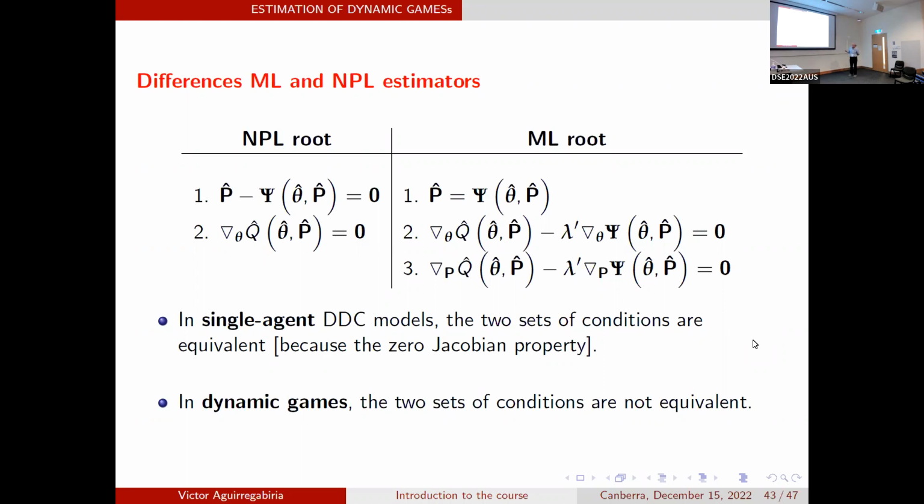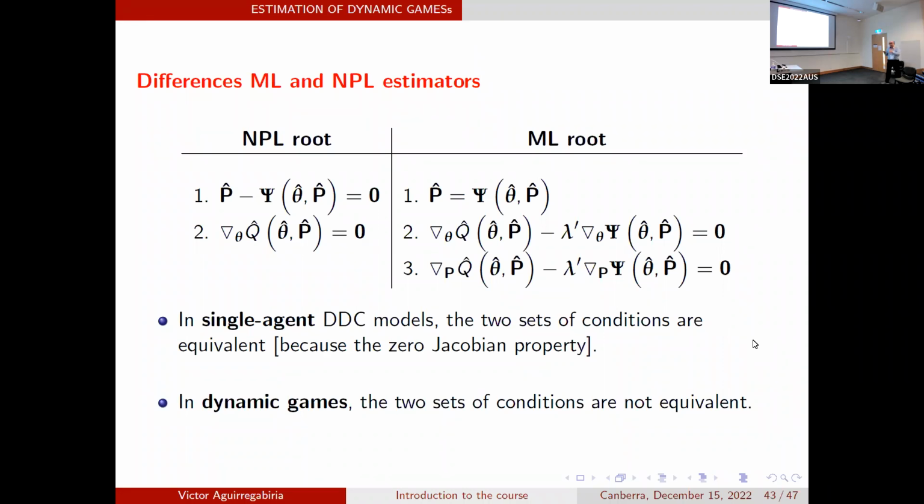But for the moment, I'm not talking about any algorithm at all. You can see that the definition of the NPL does not involve any Jacobian with respect to P. And that's going to be the key feature that is still there in the case of games: though we don't have the zero Jacobian property, we don't need to calculate this Jacobian.